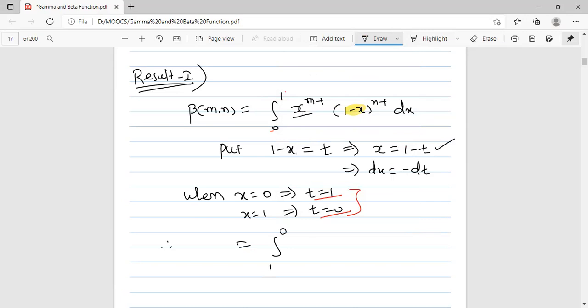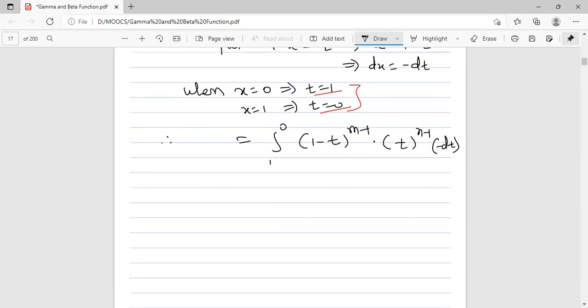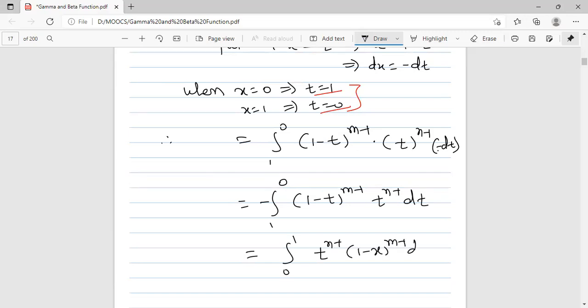I'm putting the value of x: 1 minus t raised to power m minus 1 into t raised to power n minus 1 into dx. What is dx? dx is minus dt, so we can write integration directly 0 to 1 because the minus sign is here. So this is nothing but integration 0 to 1 t raised to power n minus 1 into 1 minus t raised to power m minus 1 into dt.